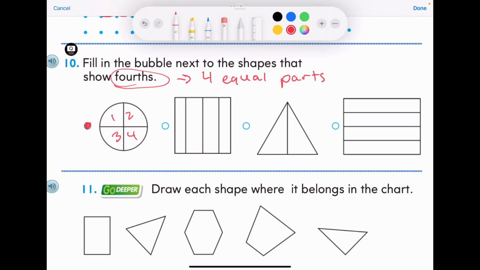If you notice, this part over here and this part over here are smaller than the ones in the middle. So that's not going to be colored in. This has 2 parts, so that's not 4. And if we look at this one right here, we have 4 parts and they look all equal, so I would color that in.